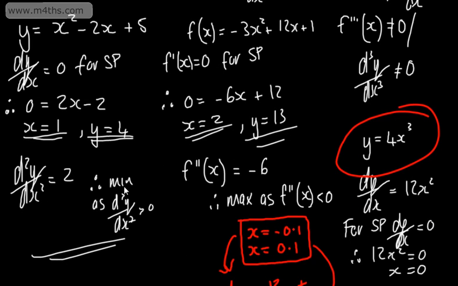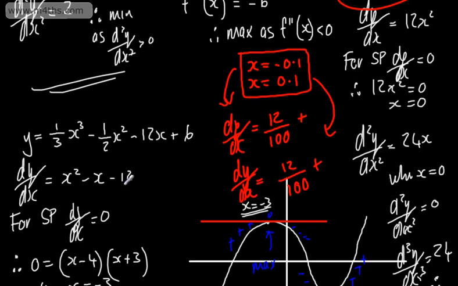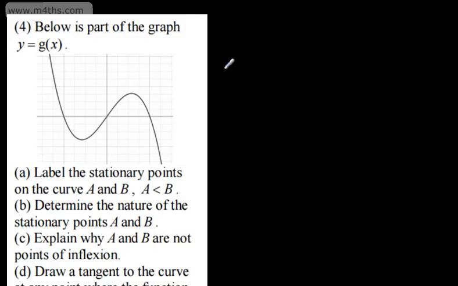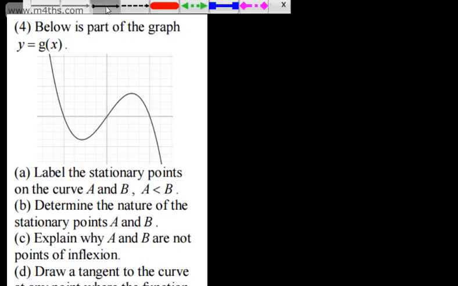Let's just go ahead and work through some basic questions before we move on to a range of questions in a later video. So what we've got here, question 4. Below is part of the graph y equals g of x. In part A, we're asked to label the stationary points on the curve A and B, where B is greater than A. So nice and straightforward. We're not given a function, so this is just doing it purely graphically.